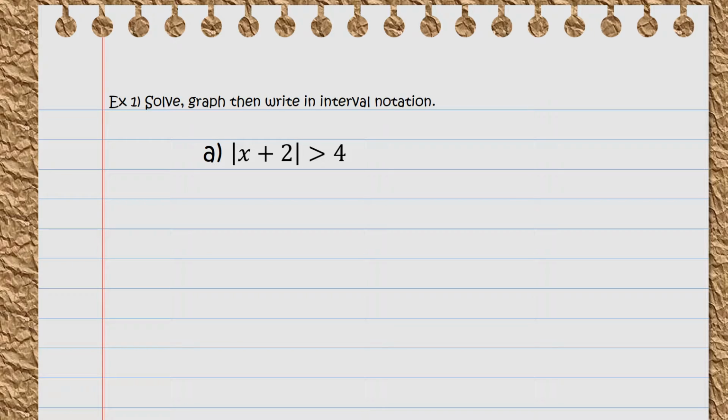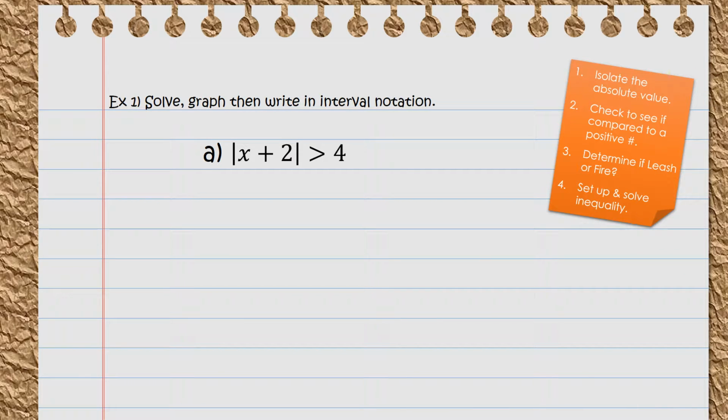Example 1. Solve, graph, then write in interval notation. And so for A, we have the absolute value of x plus 2 is greater than 4. Here are our steps. First, we want to make sure that the absolute value is isolated. So we check, and it is.